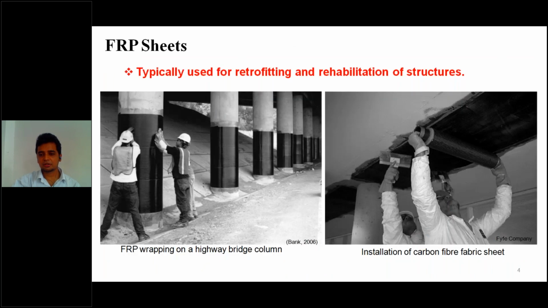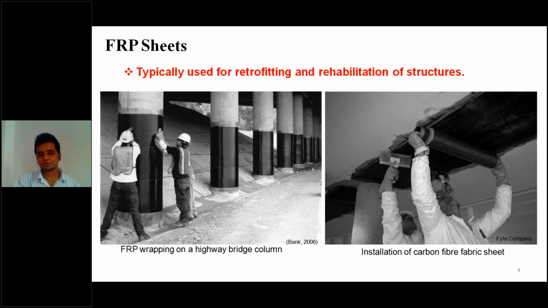So you can see the FRP sheets or FRP mats are mainly used for retrofitting and rehabilitation of old structures, or after some earthquake, if some deformation is coming up, then we need to rehabilitate those structures.